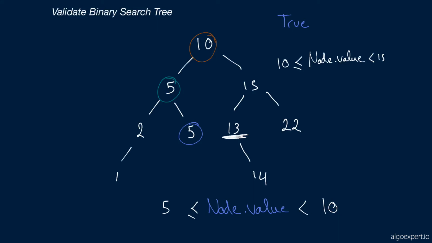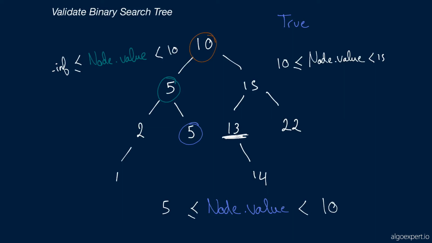Whereas for the green node, let's write it here, we're going to have node dot value is less than 10, but it's greater than or equal to negative infinity. Because that was the minimum value that we passed on from the top.